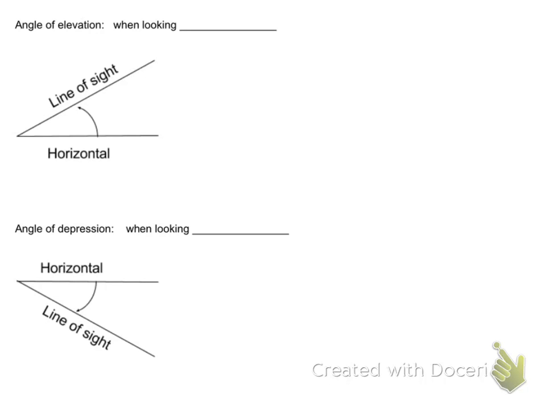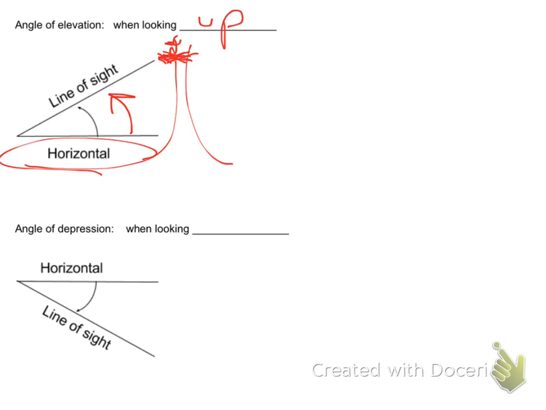So what you're doing is standing on the ground and looking up. That would be called an angle of elevation. So your line of sight is looking at the bird's nest that is up in the tree.